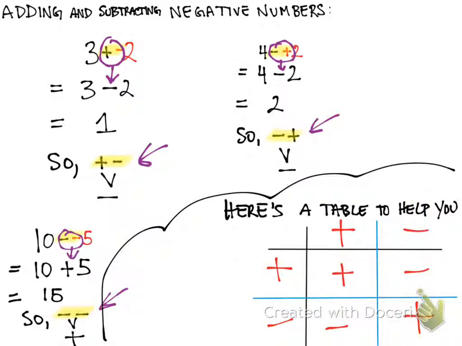If I do a negative with a negative, they give me a positive. So you can use this table here to help you locate what the sign will be if there's two of them stuck to each other. Plus plus becomes plus, plus minus becomes minus, minus plus becomes minus, and minus minus becomes plus.